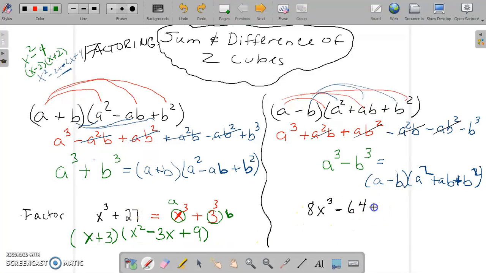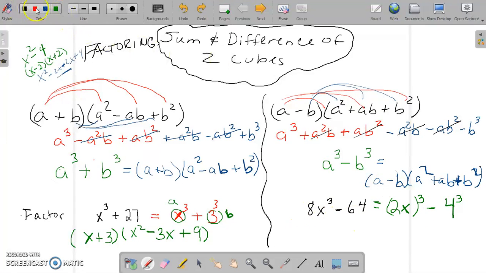Over here is the same idea. I'm going to rewrite this as 2x cubed minus 4 cubed, because 64 is 4 cubed and 2x cubed is 8x cubed.